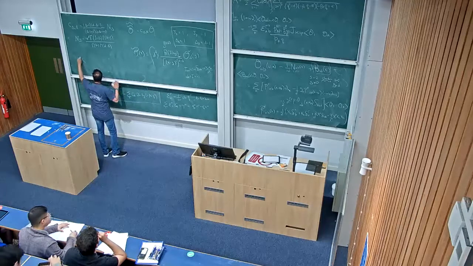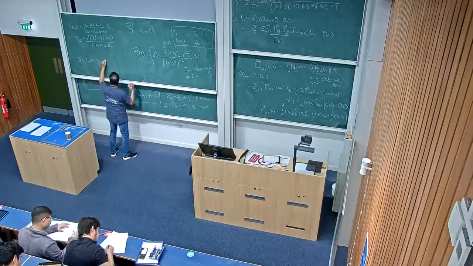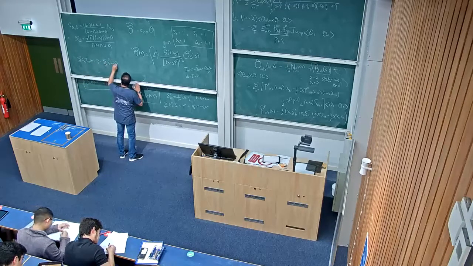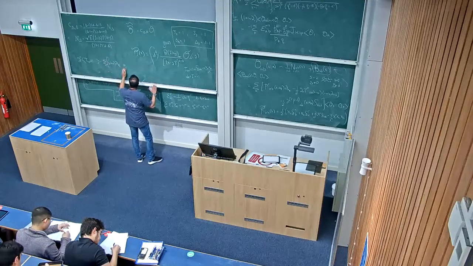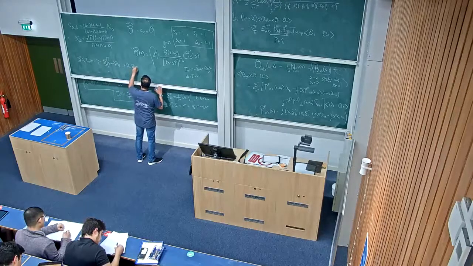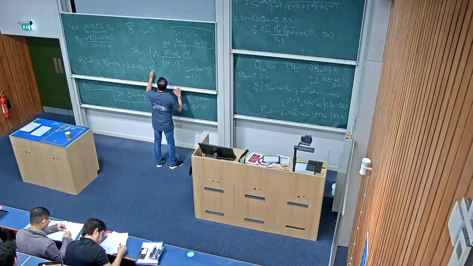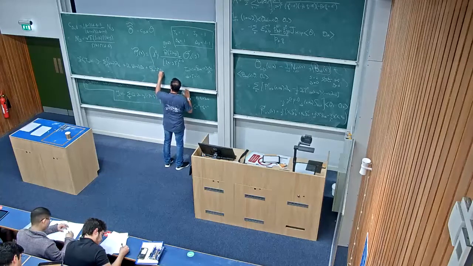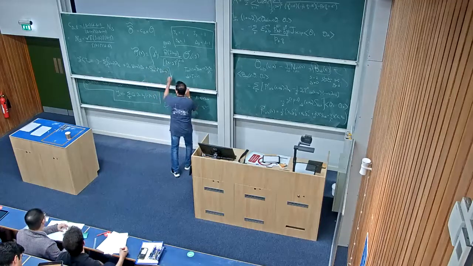It's del^A T_AB is the sum over k of delta(x minus x_k) del_{x_k B}, plus del^A of delta(x minus x_k) S_AB del^B of delta(x minus x_k), and some factor of i is playing around somewhere.